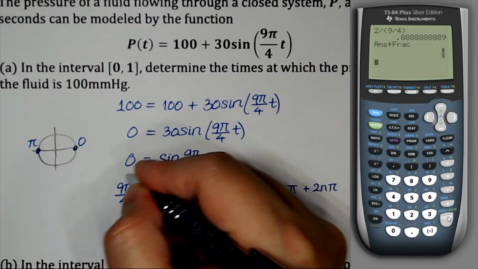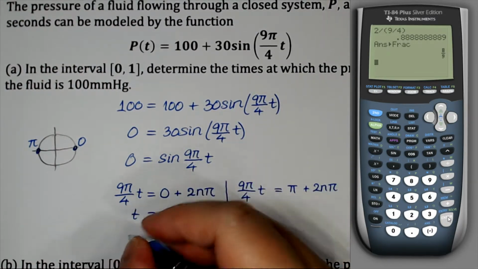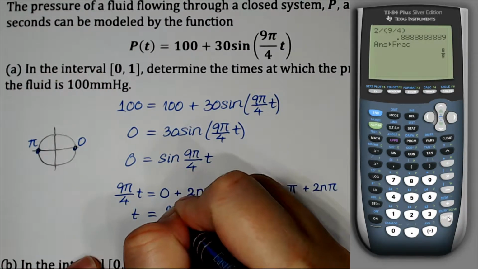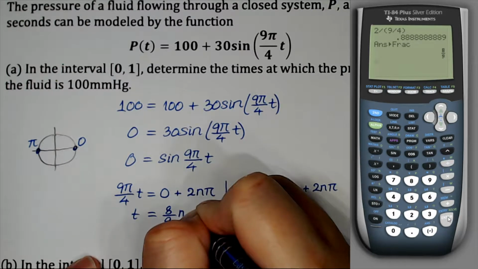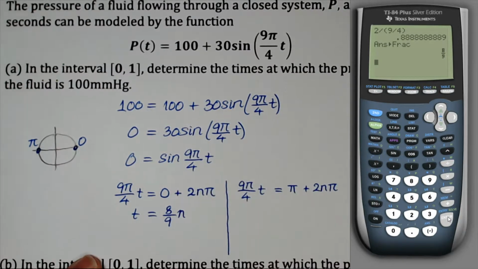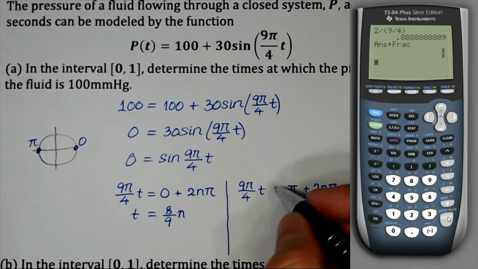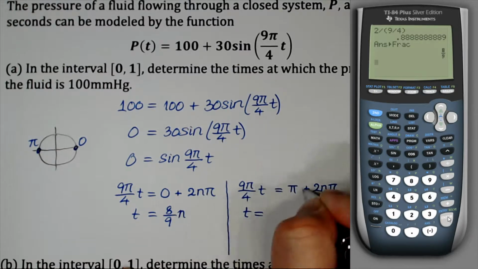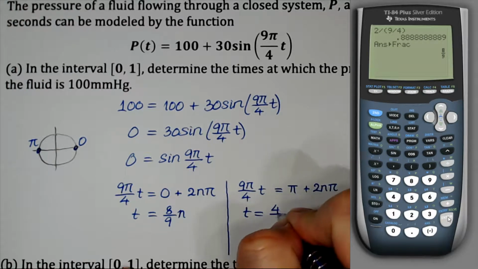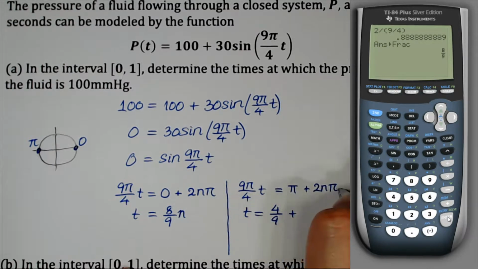With the pi canceling on both sides, we have 8 over 9, and n will still be there. And on this side we divide, we will have t equal to, pi cancels, 4 over 9. And 2n pi divided by that, we will still have 8 over 9 times n.